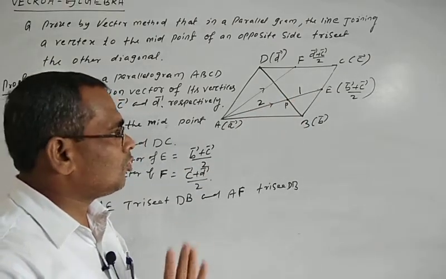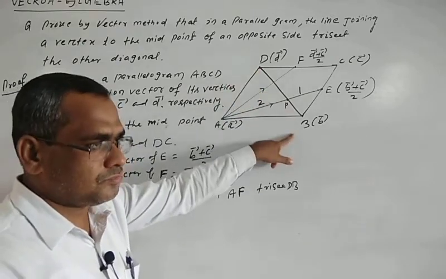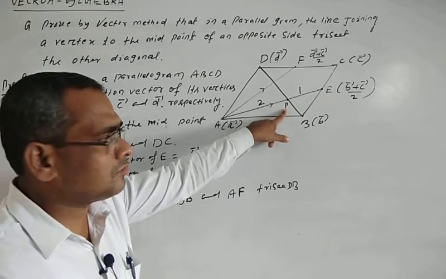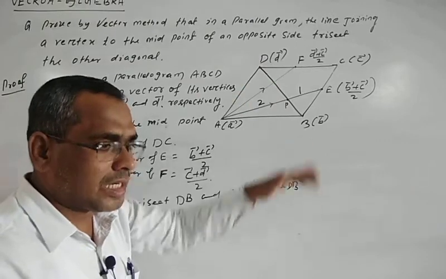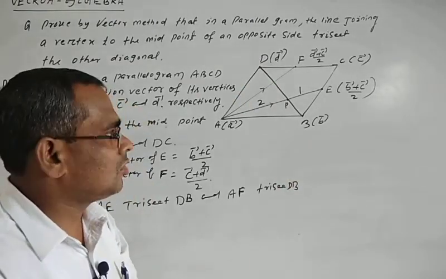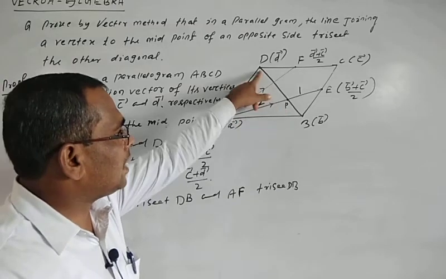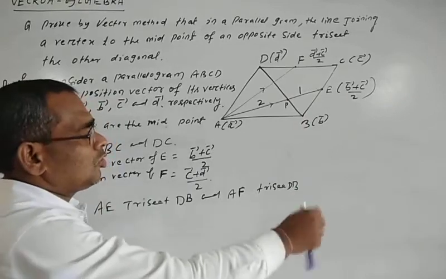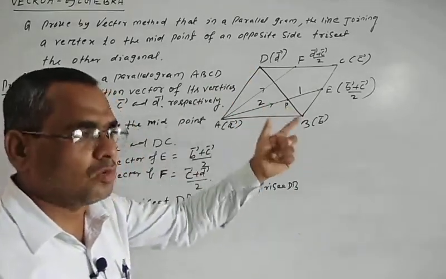Actually, to prove AE trisects DB, it is enough to prove P lies on DB. So P lies on DB means D, P, B are collinear.